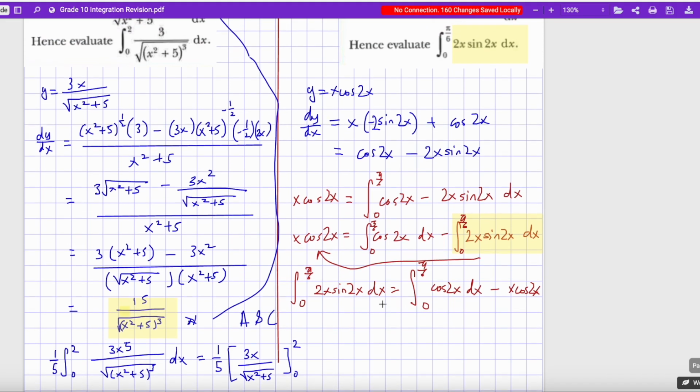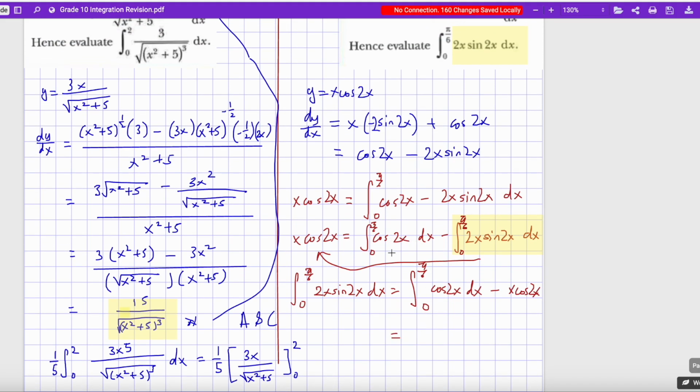This is exactly what we want as per the question. So we integrate cosine 2x dx from 0 to pi over 6, which gives sine 2x over 2 from 0 to pi over 6. And for x cosine 2x, we just leave it like that for now.